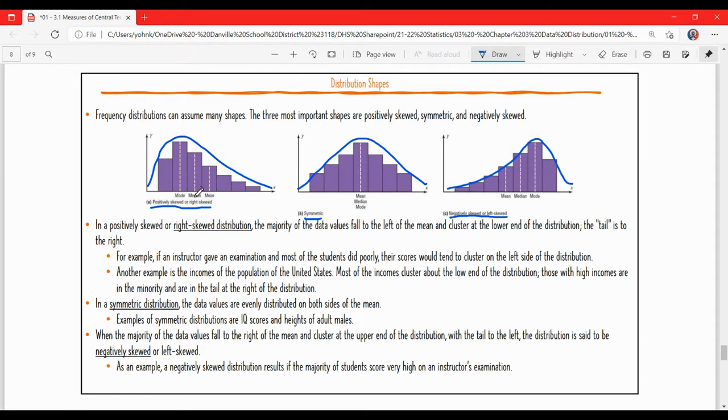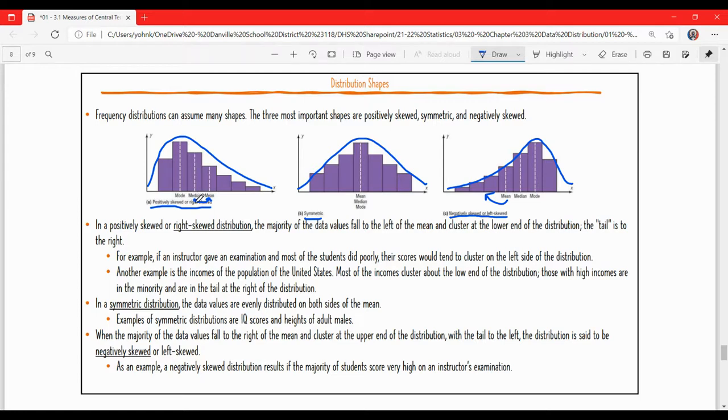Notice that when you are in a positively skewed distribution, the mean is closer to the tail than the median. Notice that in a symmetric distribution, they are equal. And then notice in a negatively skewed or left skewed distribution, the mean is on the other side of the distribution.